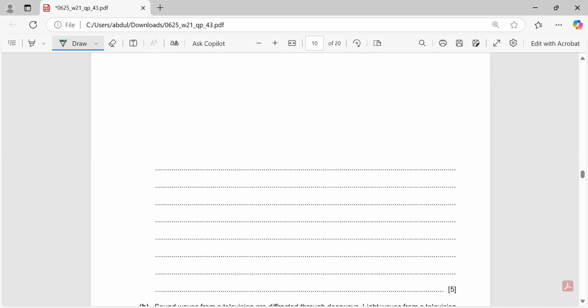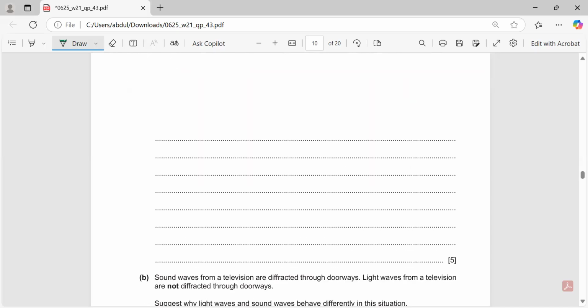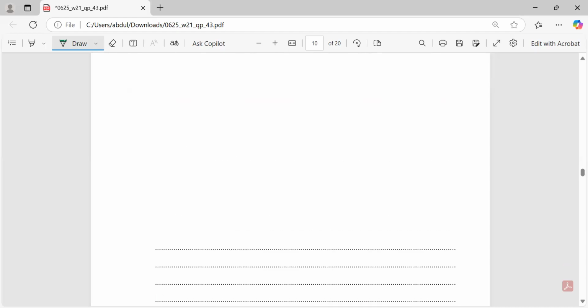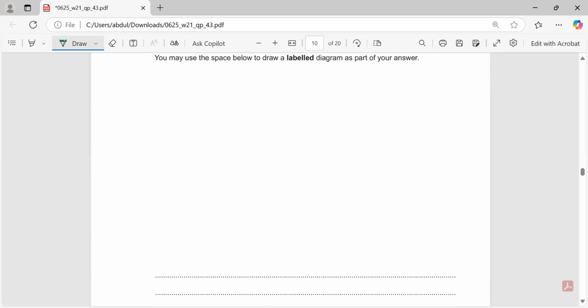Right now, I'm not drawing the diagram, I'm just sharing with you the answer. Or we can draw the diagram like this: this is microphone 1, here is microphone 2.